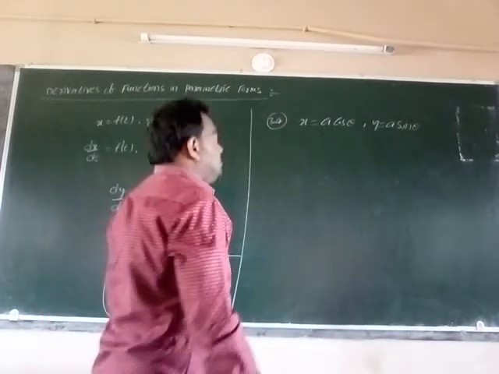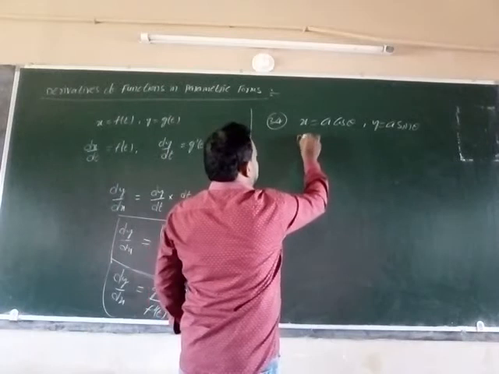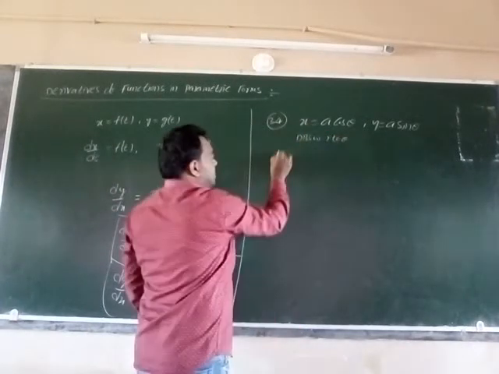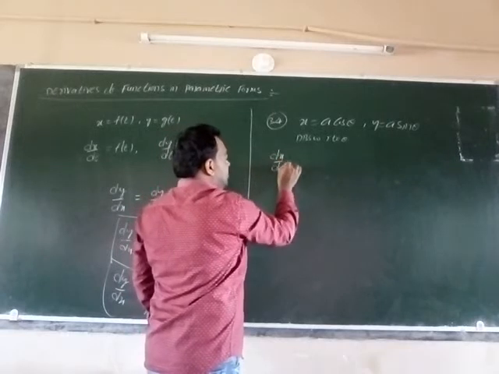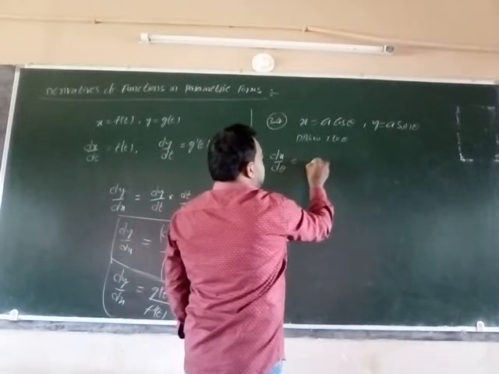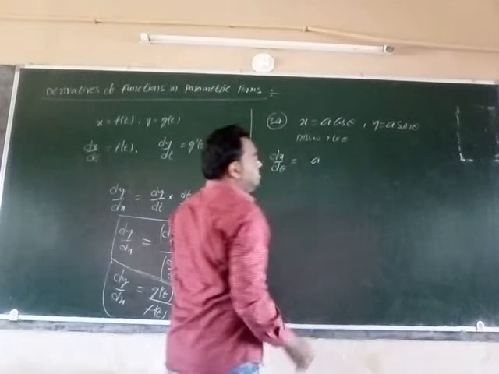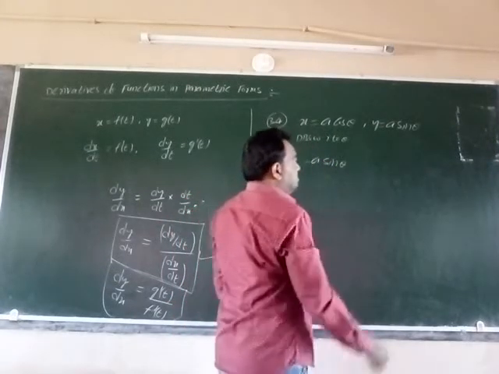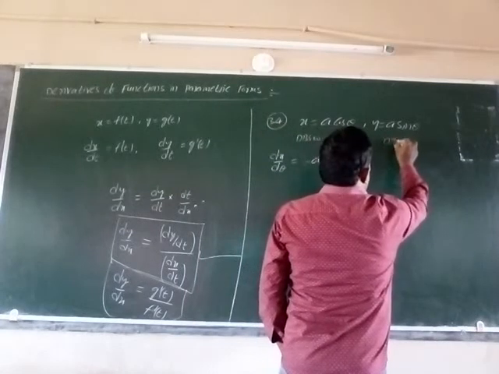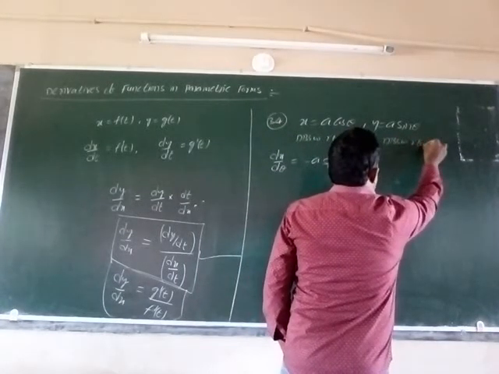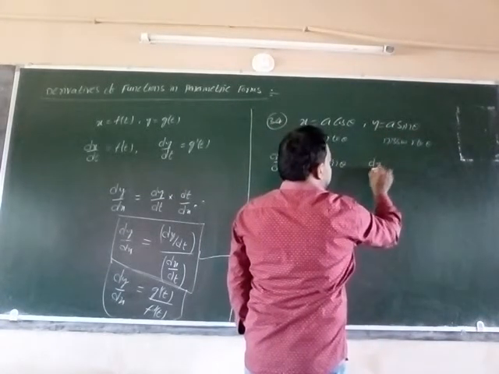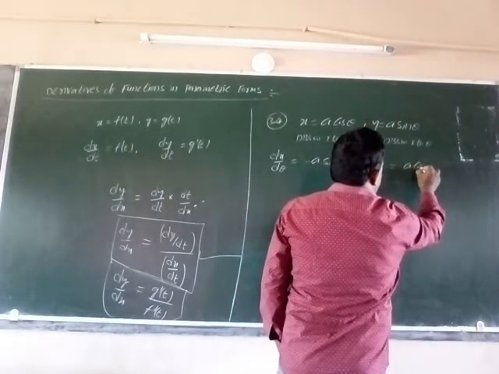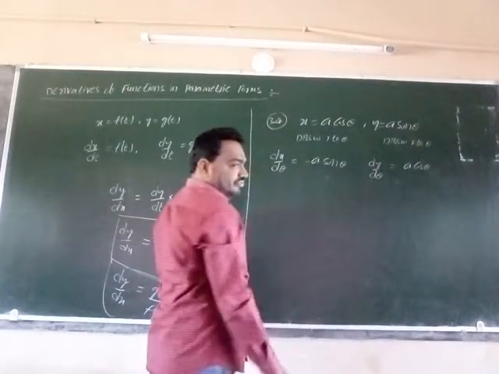Take the derivative on both sides with respect to theta. So dx by d theta equals a into the derivative of cos theta, which is minus sin theta. Similarly, dy by d theta equals a into the derivative of sin theta, which is cos theta.